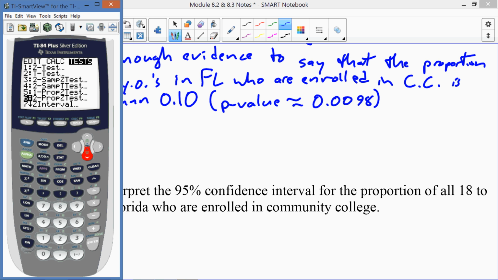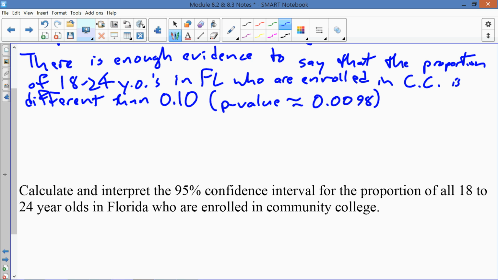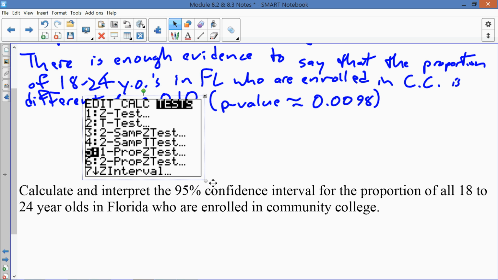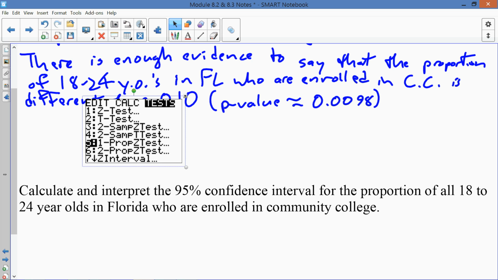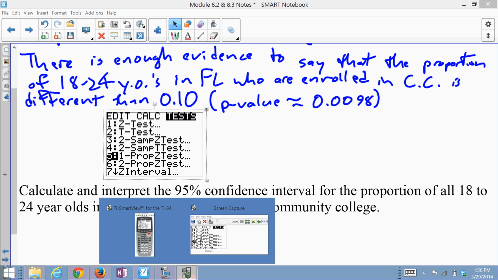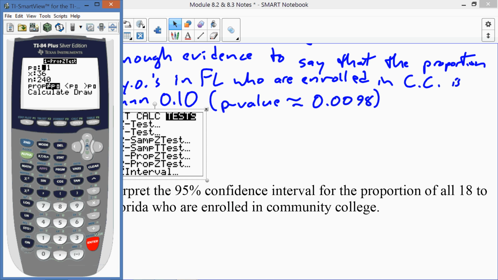So let's screen capture this, put this in our notes. Make it a little smaller. There we go. And then let's do the next one. And then we hit enter on number 5.